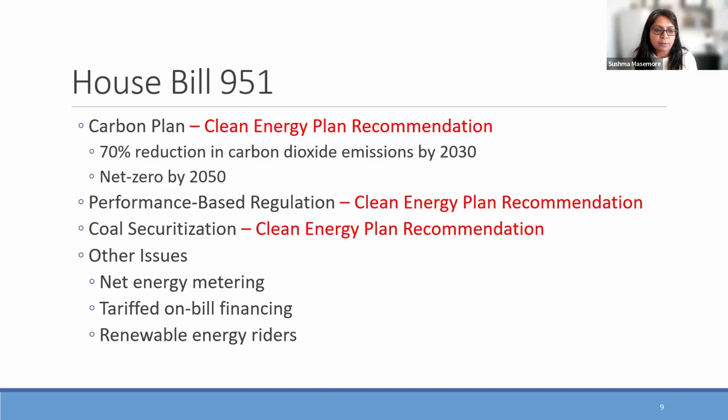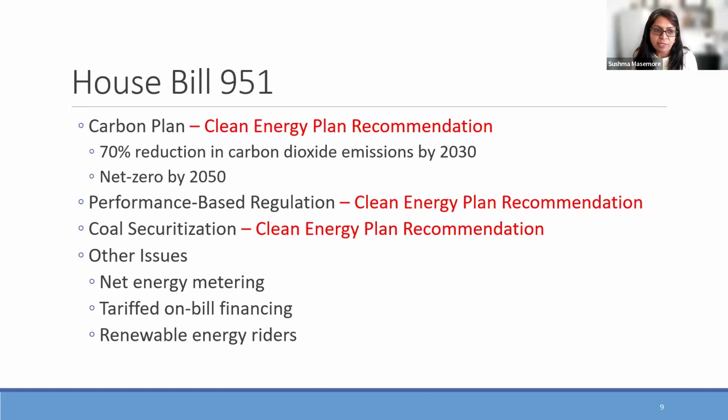It also codified performance-based regulation in our statute, which was Duke Energy's preference, including multi-year rate plans. But we basically said we can achieve many of our objectives through PBR mechanisms, and we laid out metrics for those performance evaluations.